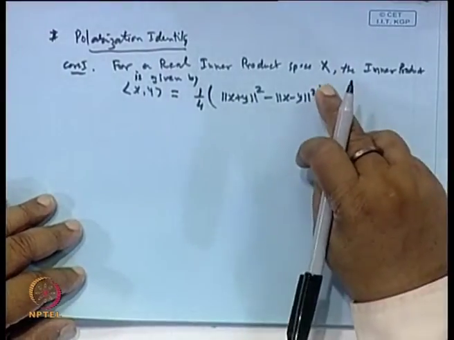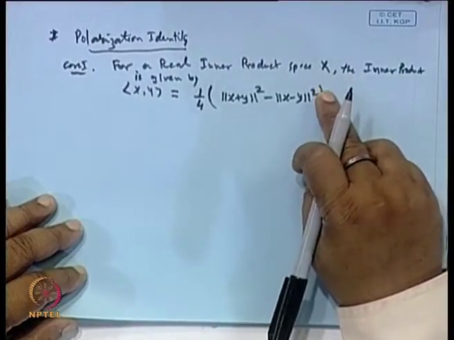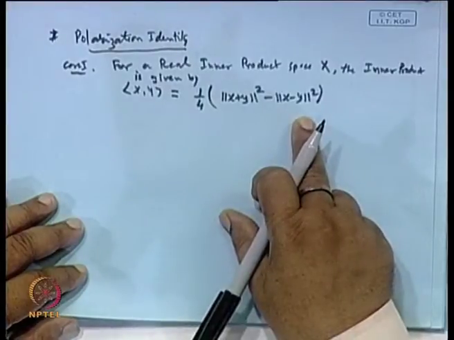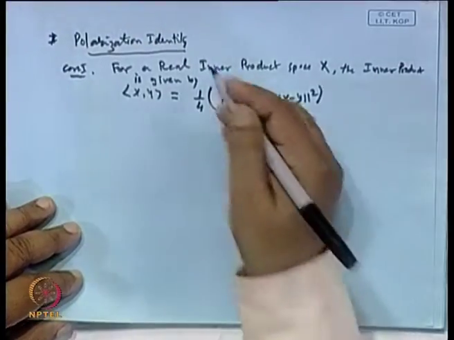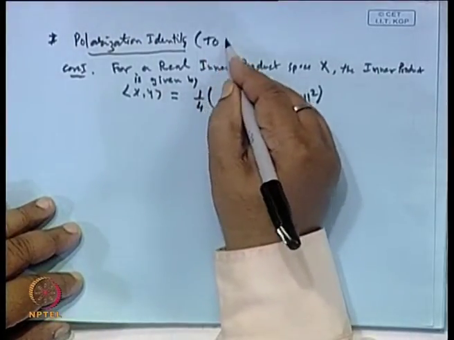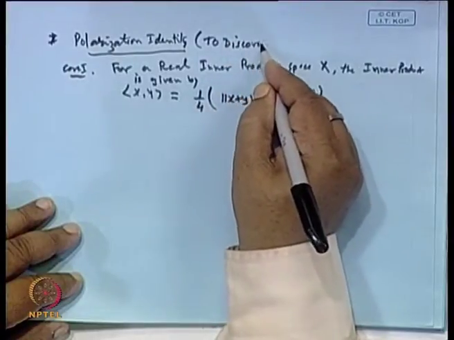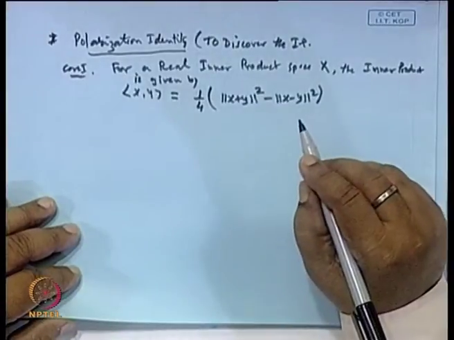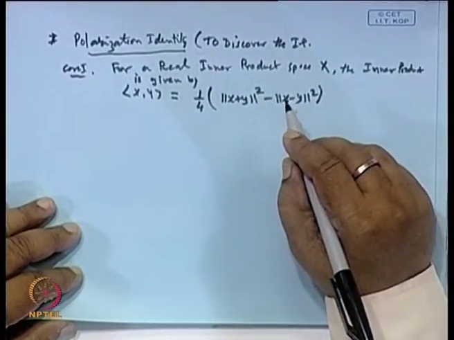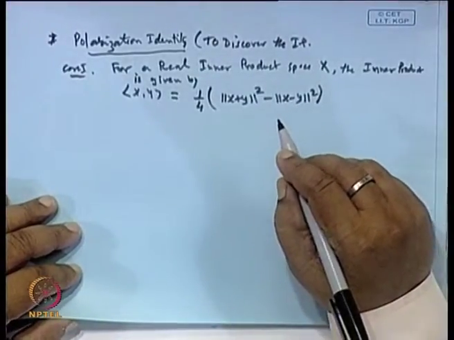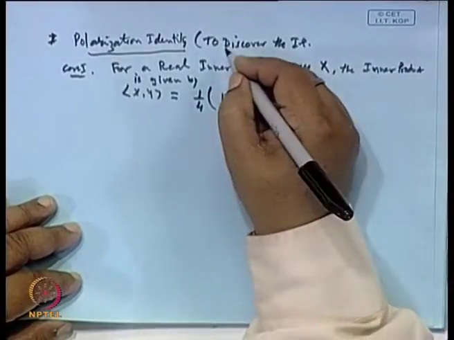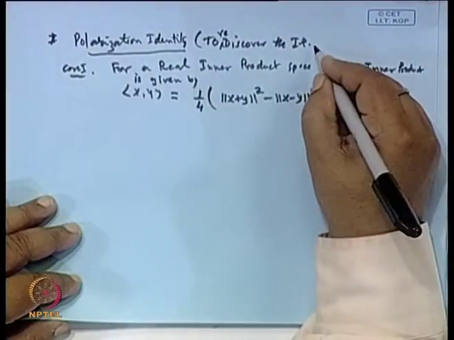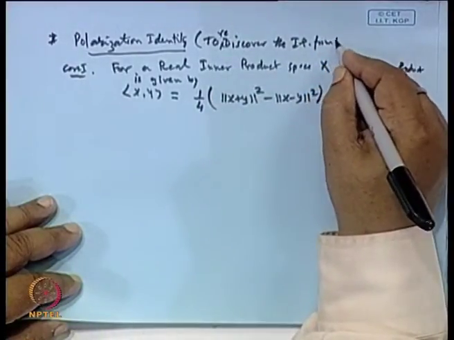It means that if a norm space is given which is also an inner product space, then one can find the inner product from it. This is to rediscover the inner product from the given norm.